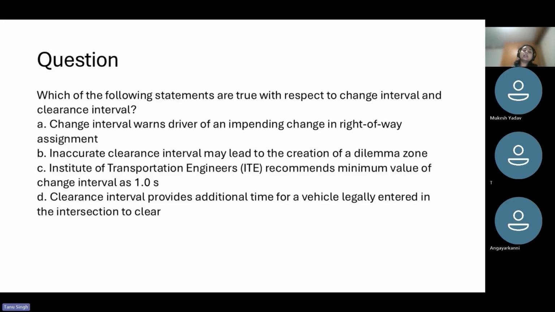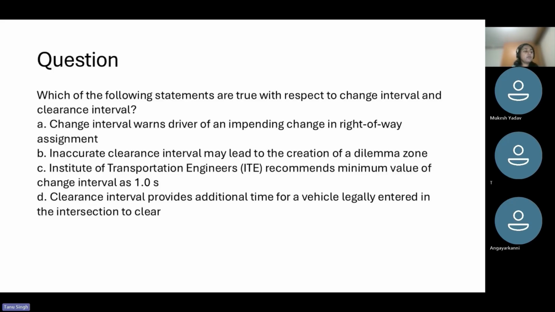Second is: an inaccurate clearance interval may lead to creation of a dilemma zone. The statement is wrong because the dilemma zone is primarily affected by the yellow or change interval, not the clearance interval. Then: the ITE recommends a minimum value of change interval as 1 second.